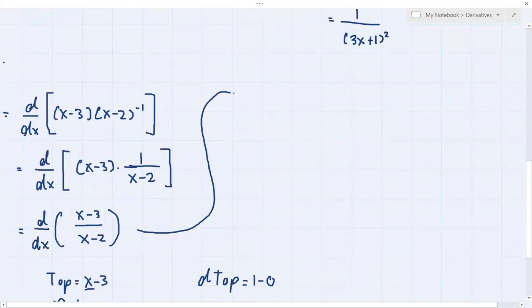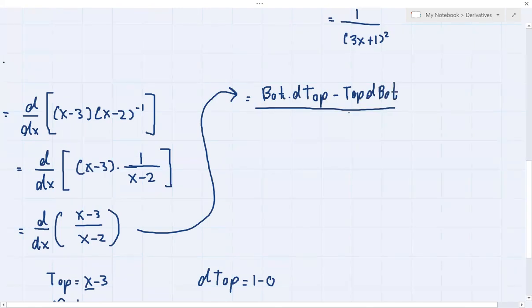So, that's it. Now, let's plug it into the formula. I'll just put it here, so I can solve in this space so it won't be wasted. So, this would be bot d top minus top d bot, all over the square of the bottom.